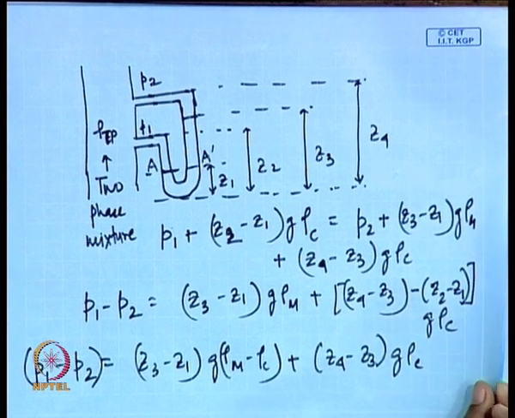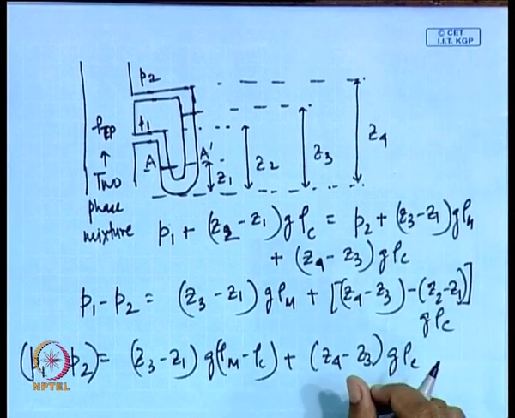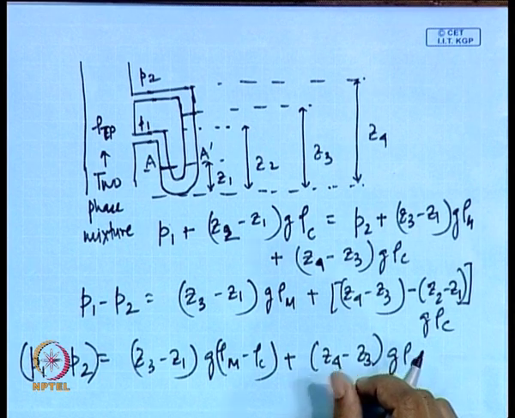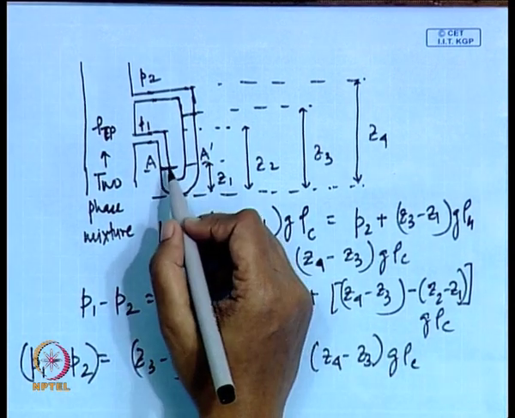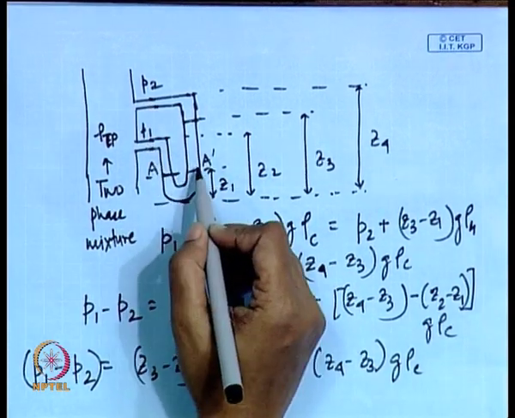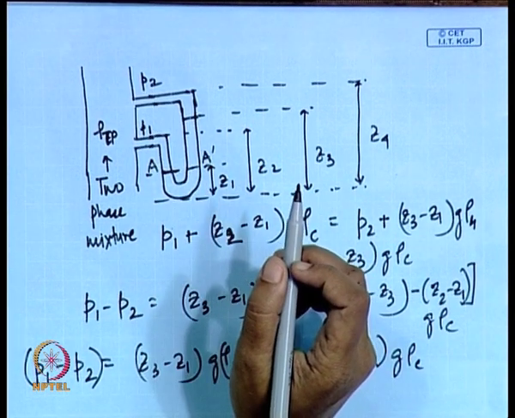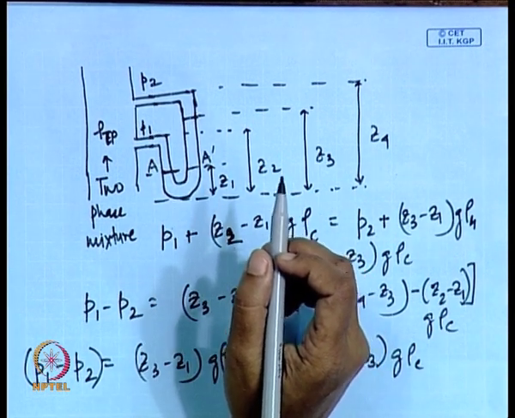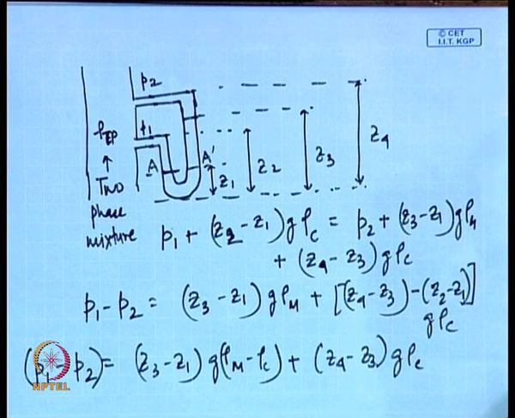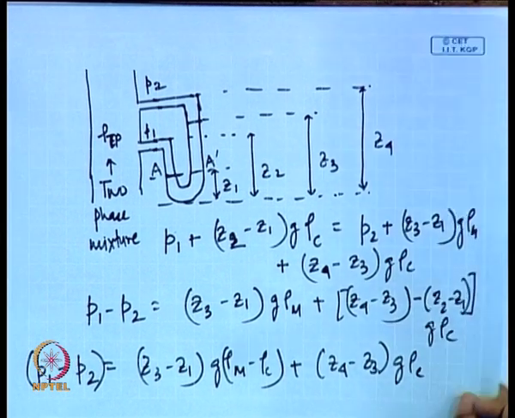Now, when P1 equals P2, what should happen? When the two pressures are the same, the two manometer levels should also be the same. But from your mathematical expression, do you get that? For P1 equals P2, what do you get in this particular case?